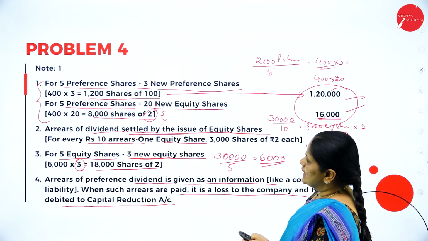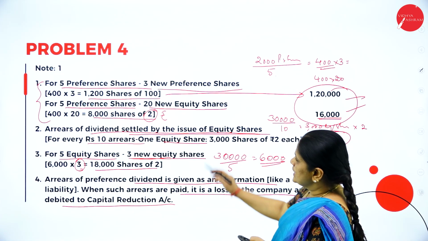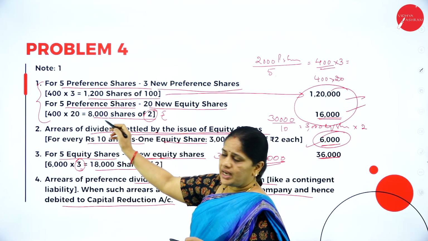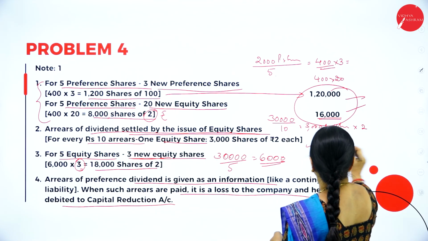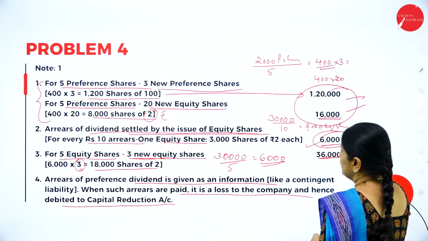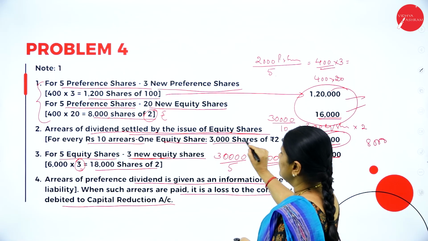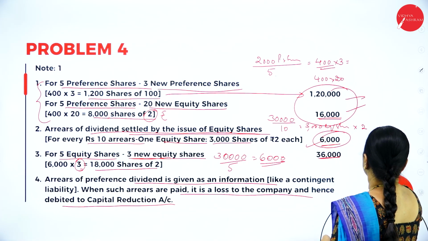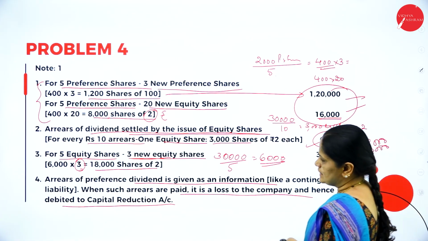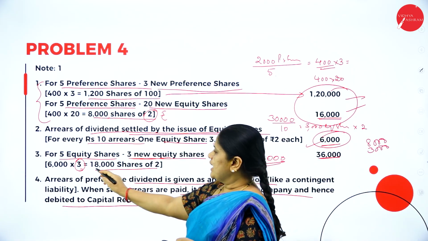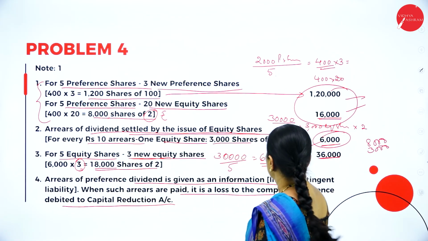And then for equity shares, there are 29,000 equity shares. You can see here. How many equity shares are you issuing here? Here we are having 8,000 equity shares. So 8,000 plus again here we have 3,000, plus again here 18,000.